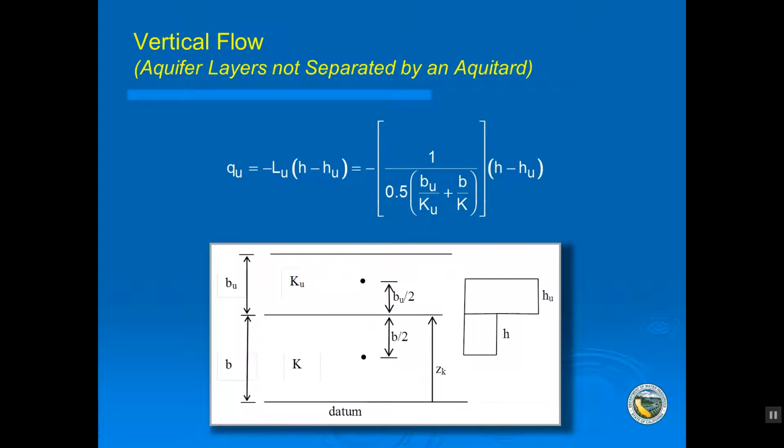If your aquifer layers are mostly numerical layers, you don't necessarily have a hydrogeologic formation dividing your 2 aquifer layers. In that case, this leakage term is represented as the harmonic mean of the individual conductance terms of the 2 aquifers.